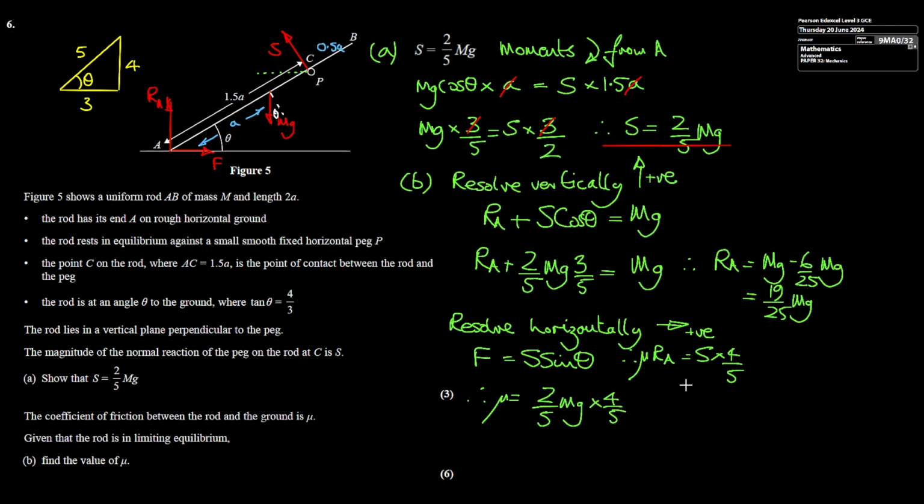Now divided by RA, so we can turn this upside down, so this is multiplied by 25/19, and I've got 1/mg. The mg's cancel, 5 times 5 is 25, and that cancels with the 25 on the top. And we're left with 8 on the top over 19. And that's the value of mu.